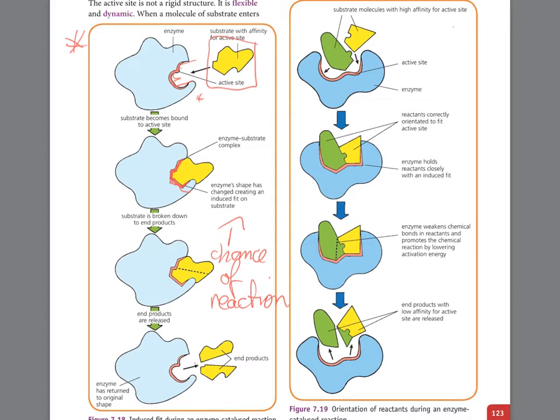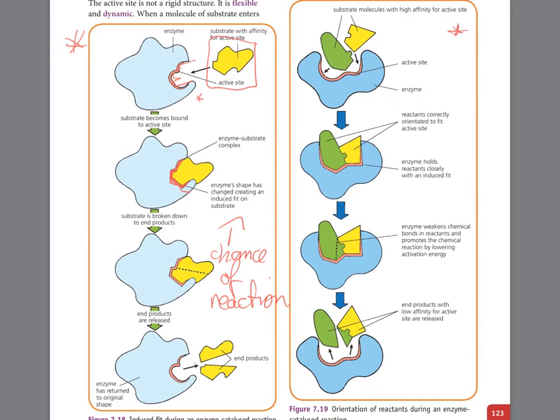Now over on this other side here, it's just a diagram showing when two or more substrates are reacting together. Now the shape of the active site that's here actually determines the orientation of the reactants, and that makes sure that the reactants are held together in a way that the reaction can take place.